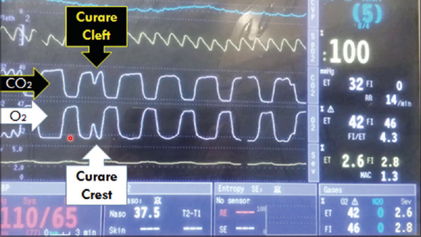So this is a really neat thing about both monitoring airflow in and CO2 out, is you see this notch. Now the notch just happens to occur as the patient tries to take a breath in and then exhales to some degree, and this whole thing here may not be all exhalation.